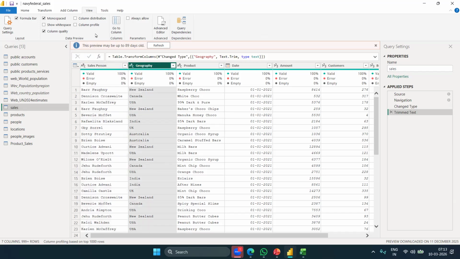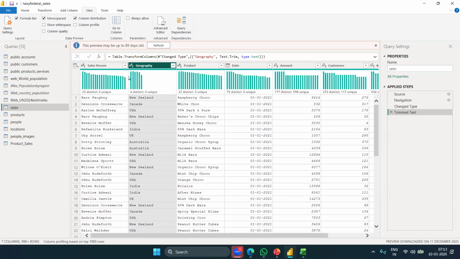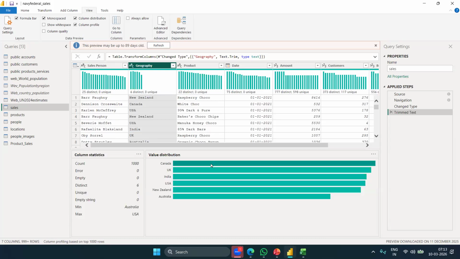Suppose I check the geography, it is going to give me the column distribution, column profiling. To make sure our AI is working rightly on the ground, we should do these basic things. That is the fundamentals we are going to learn.